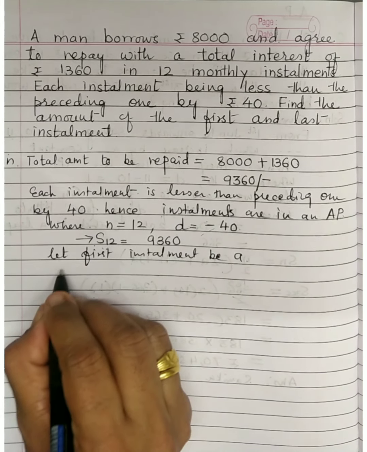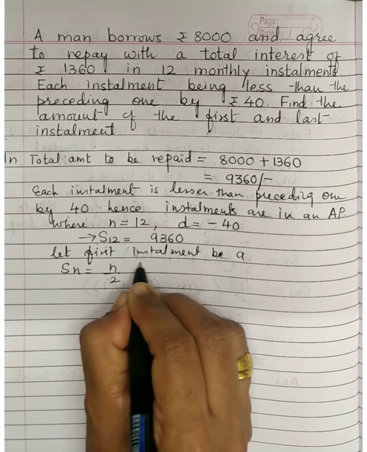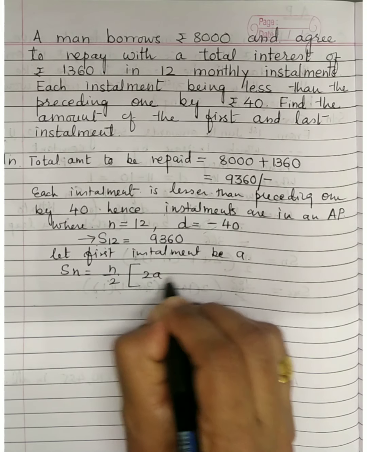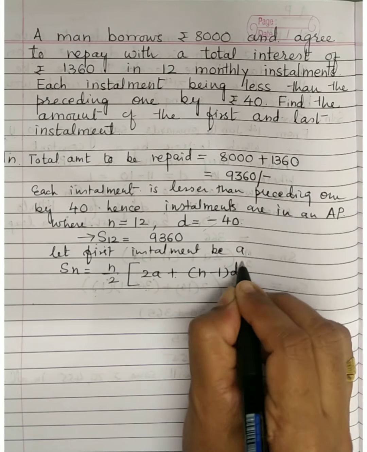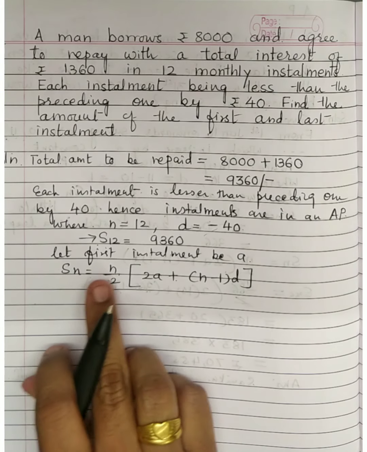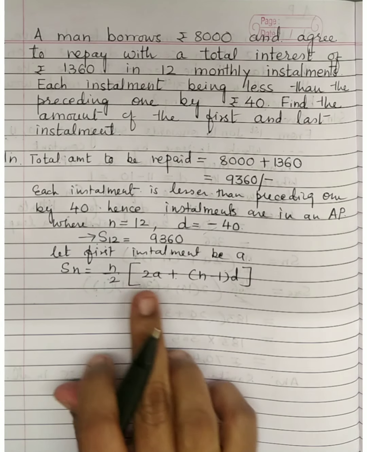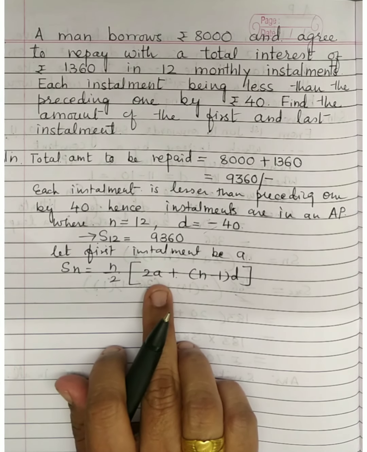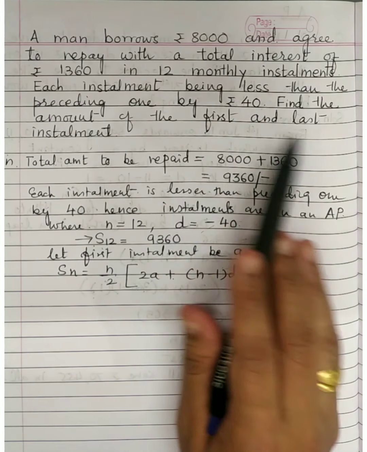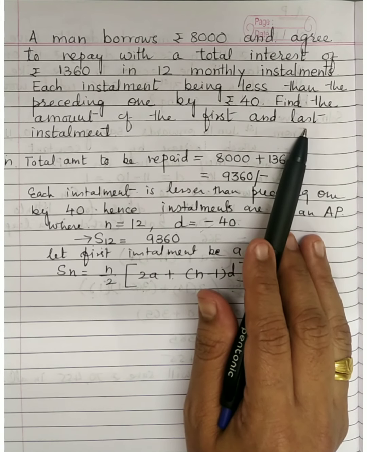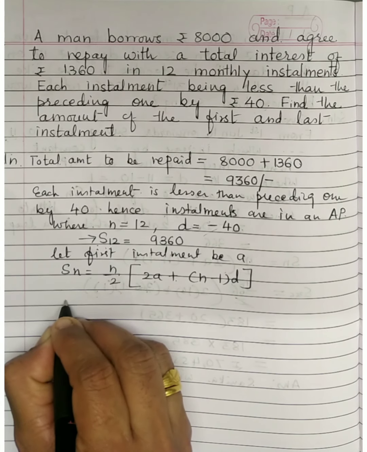When we are using S in the formula, that is n upon 2 bracket 2a plus n minus 1 into d. Here Sn is known, n is known and d is known. So first step we will find the value of a. That will fetch the first answer, the first installment. And how to go for the last installment? Keep thinking.